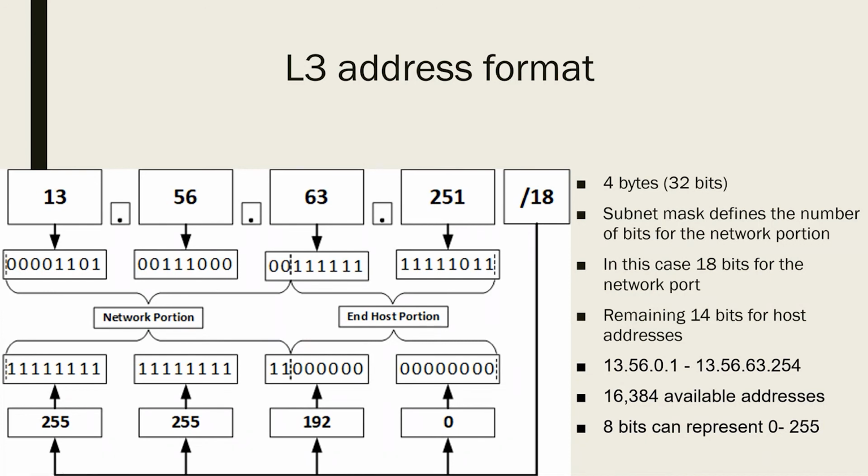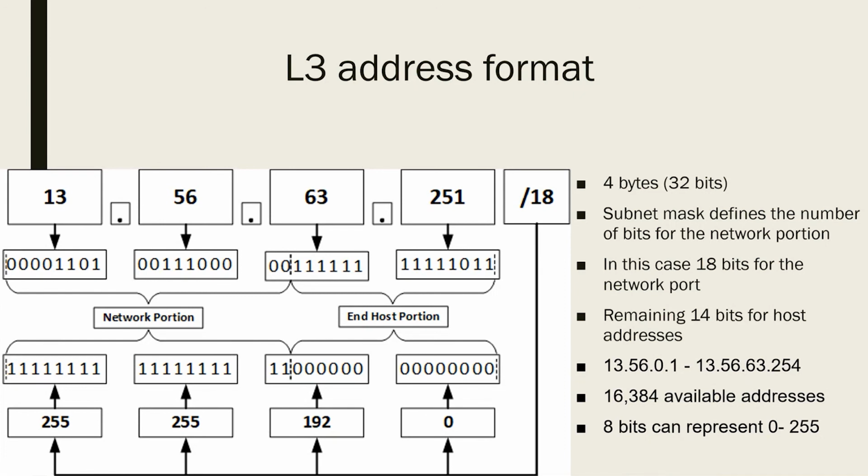So all of these bits here, which map up to a 1 on the subnet mask, are representing the network portion.